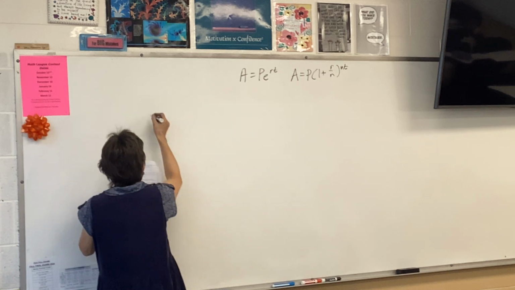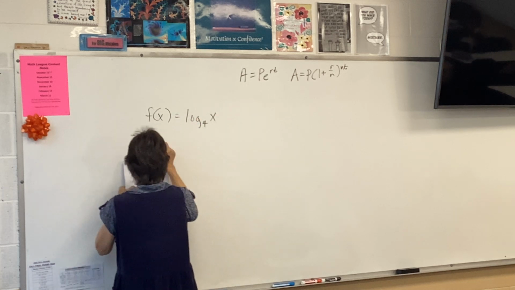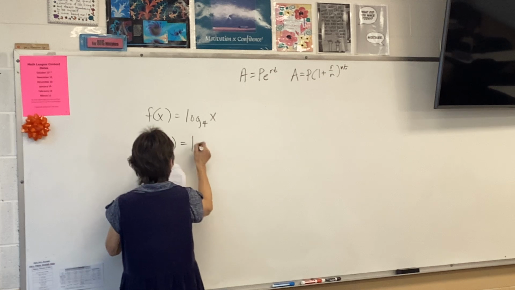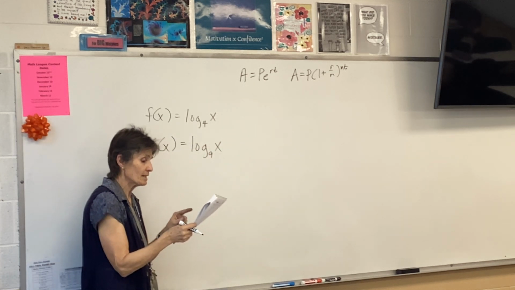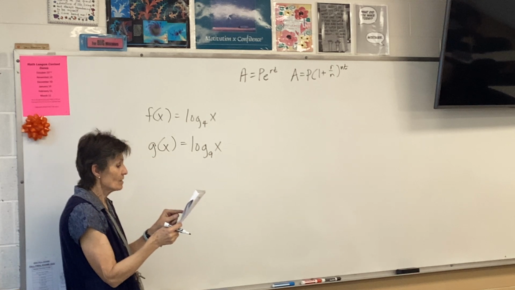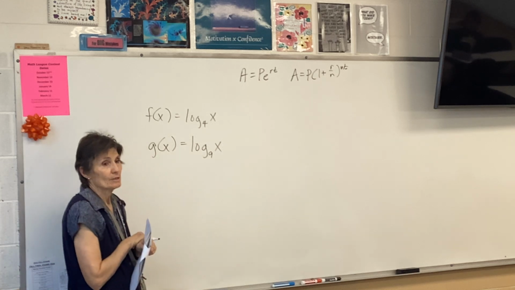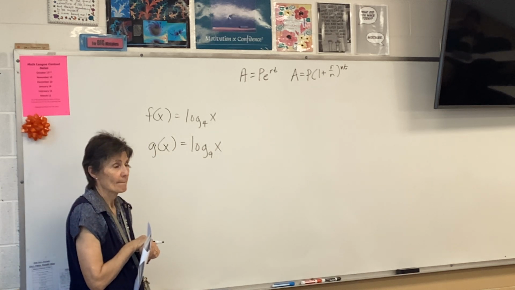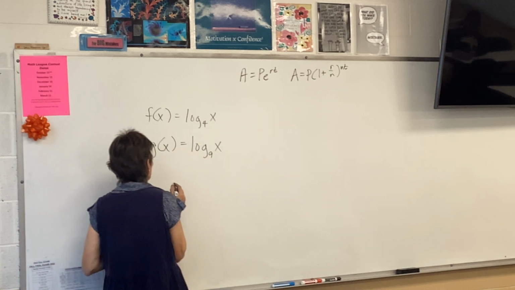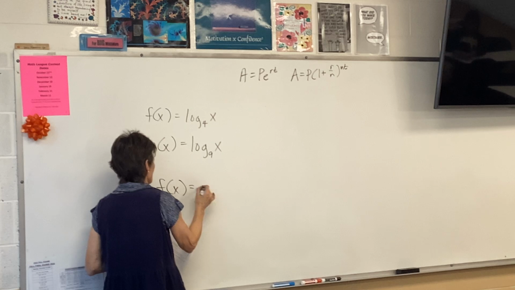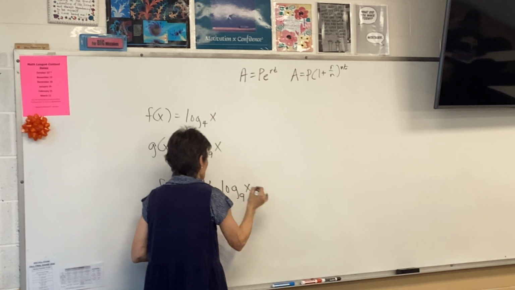Show that f is the dilation of g by finding k, so that f of x is something times g of x. So I want f of x to be something times g of x.